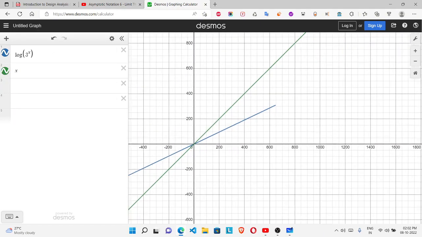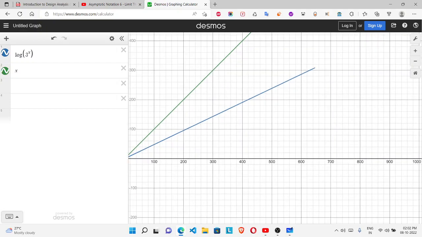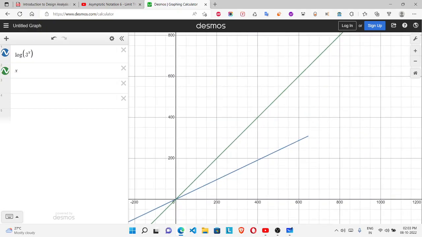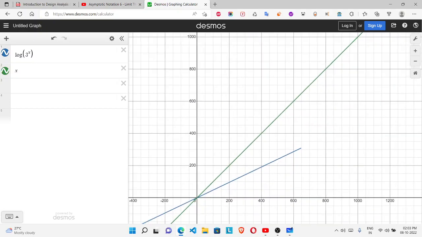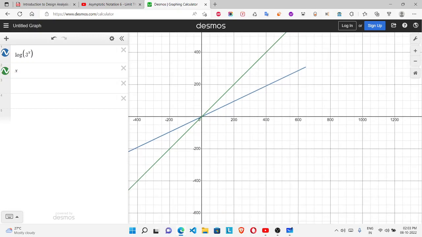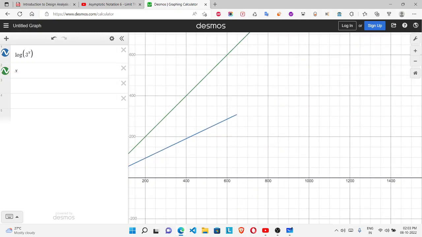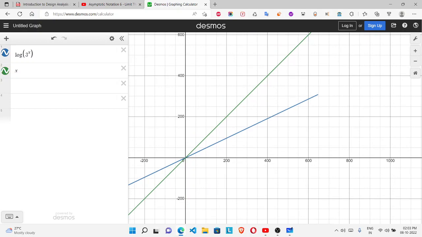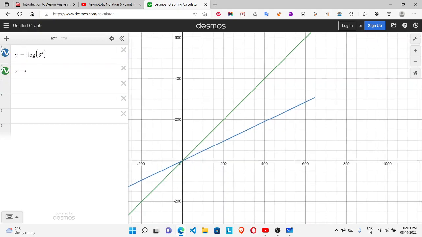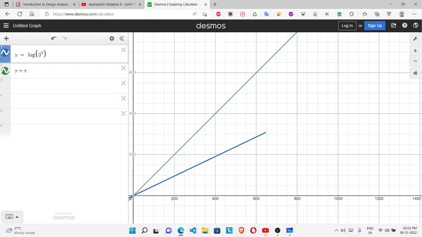And well, both of these functions seem to be linear. Why is this line only going till here? That's so weird.